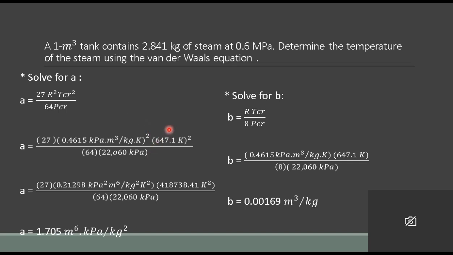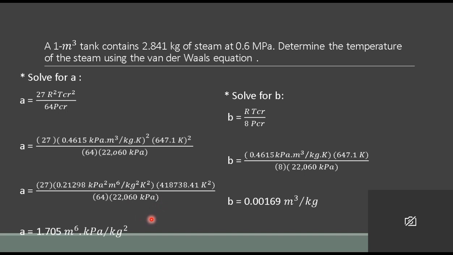Plugging in the values, our gas constant is squared and also our critical temperature is squared, so we square them along with their units. A equals 27 times 0.21298 kilopascal squared, m raised to 6 over kilogram squared Kelvin squared, multiplied by 418,738.41 Kelvin squared, over 64 times the critical pressure, 22,060 kilopascal.